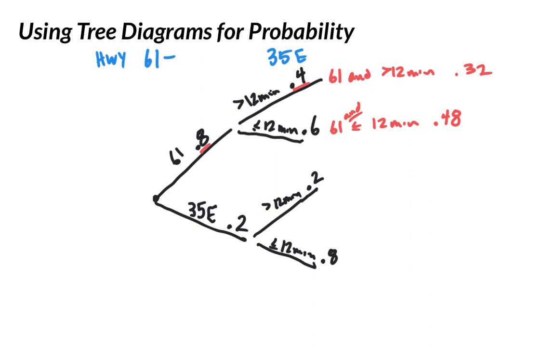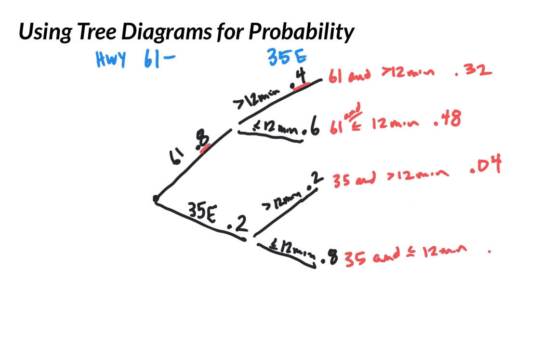Let's do the same thing with 35E. If I were to say, well, 35E and more than 12 minutes, so let me write 35E and more than 12 minutes. If I multiply 0.2 and 0.2, I get 0.04. And then, of course, multiplying those other two, let me write this is 35E and less than 12 minutes.